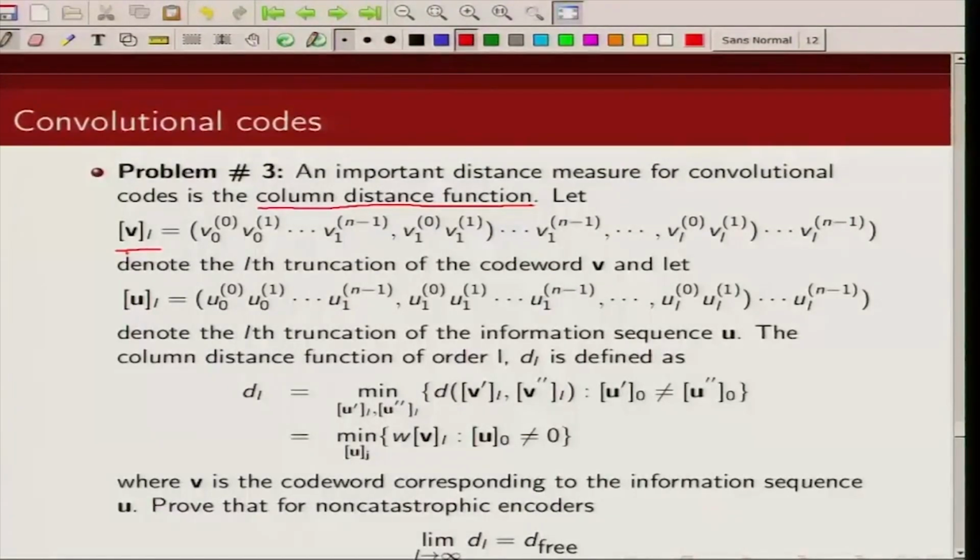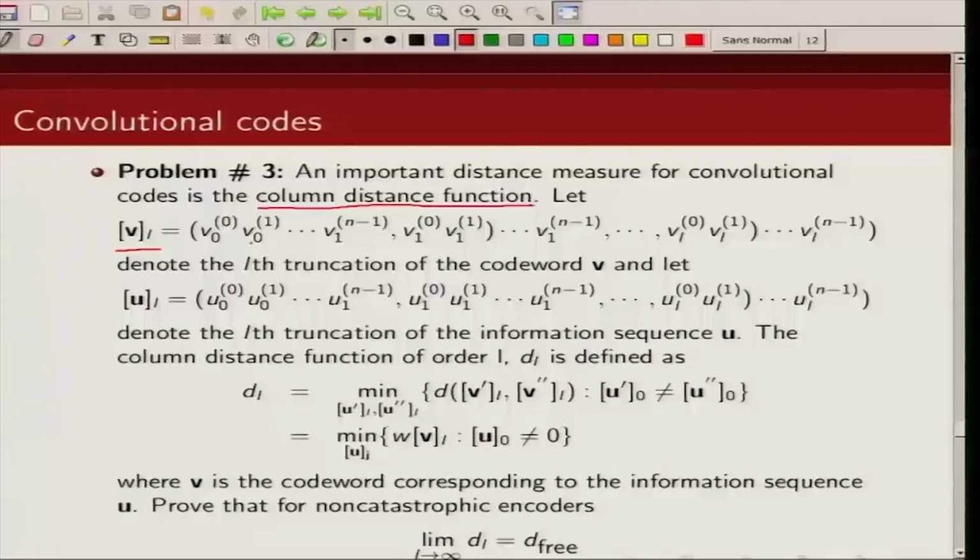the output code sequence V, which is truncated up to length L. So, this notation that you see, V sub L, shows essentially our code word up to time L. And what is our code word up to time L?